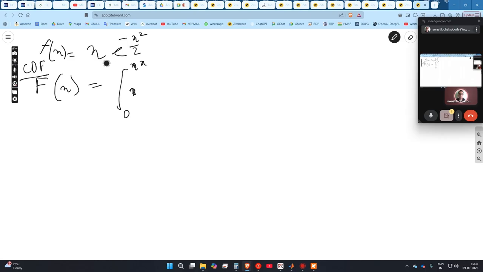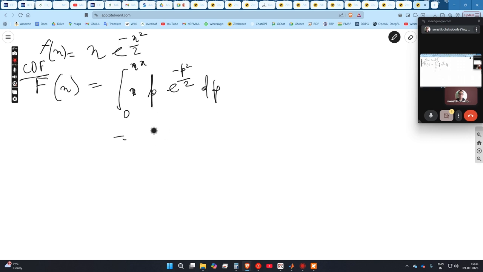To avoid confusion, let's put the variable as p: p e to the power minus p square by 2 dp, just to avoid confusion between the limit and the PDF variable.